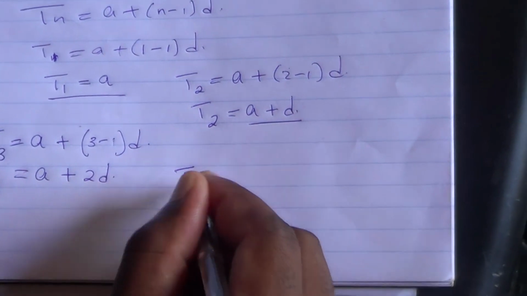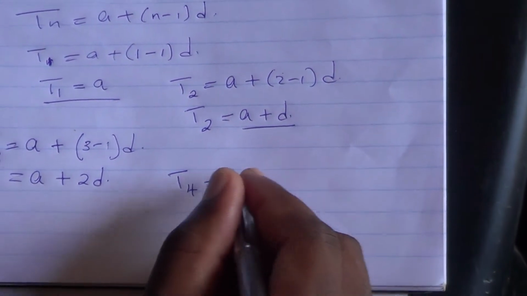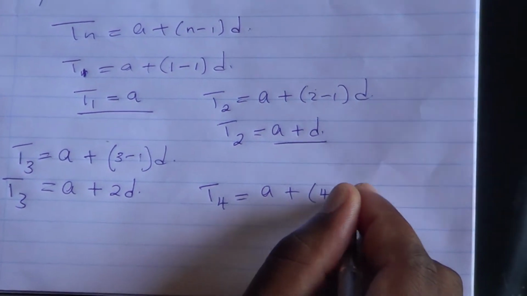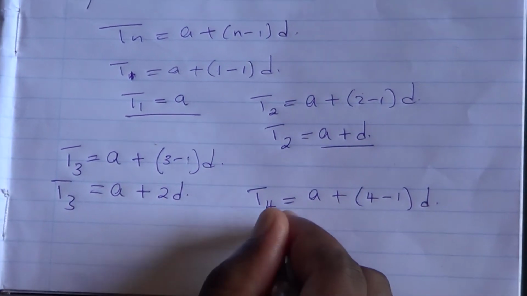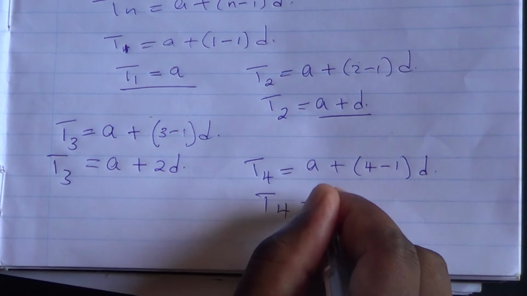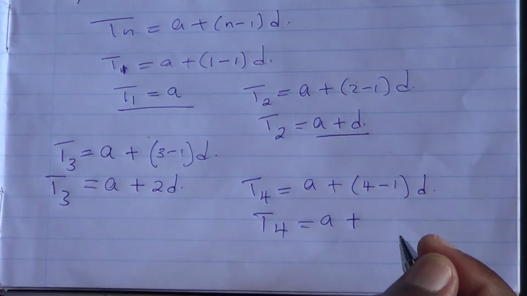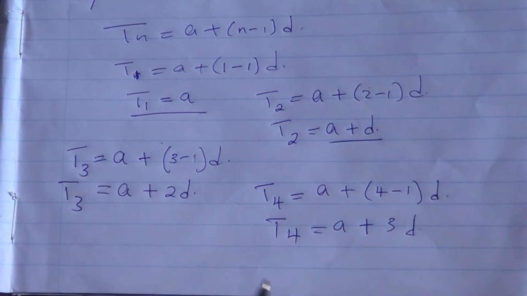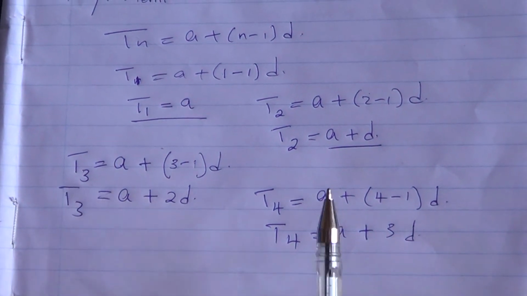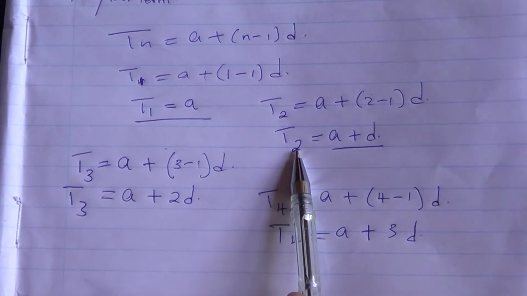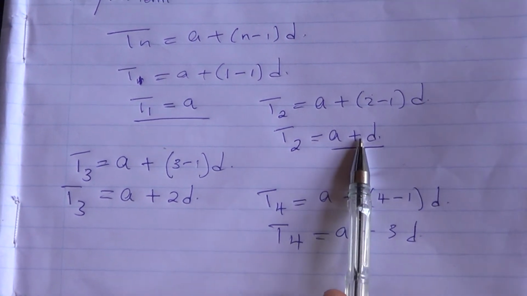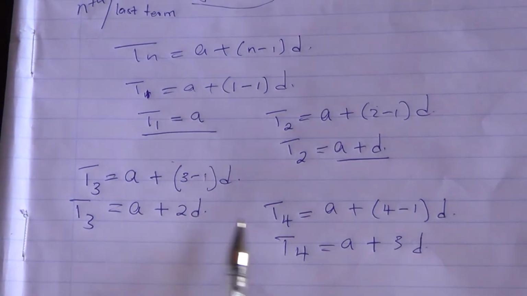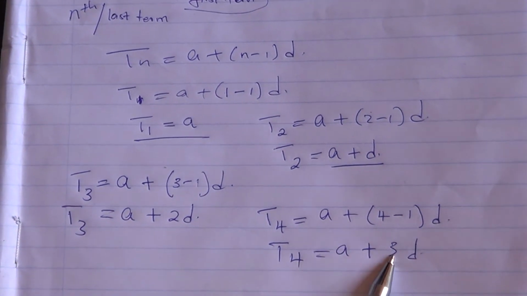Let's take the last one, term number 4. What are we having? a + (4 - 1)d. So term number 4 is a + 3d, since 4 minus 1 is 3. You can notice something here: 2 minus 1 gives me 1, 3 minus 1 gives me 2, 4 minus 1 gives me 3.